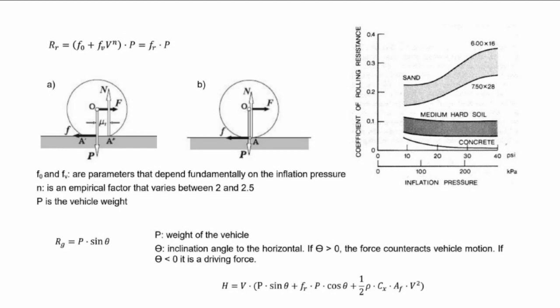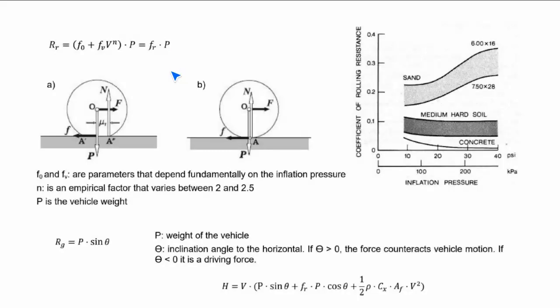On the left screen of your side, you can see a formula. Here, the normal load on the center of each wheel, P, is multiplied by the rolling resistance coefficient. Fr is the rolling resistance coefficient. P is the normal load on the center of each wheel, whose value depends on the material and environmental factors.